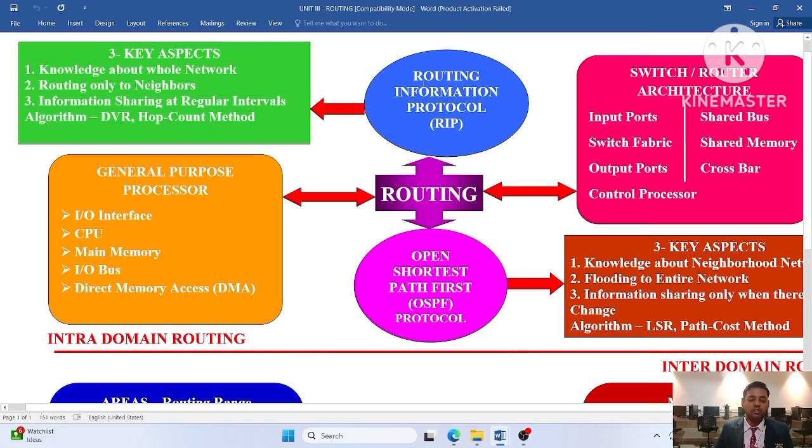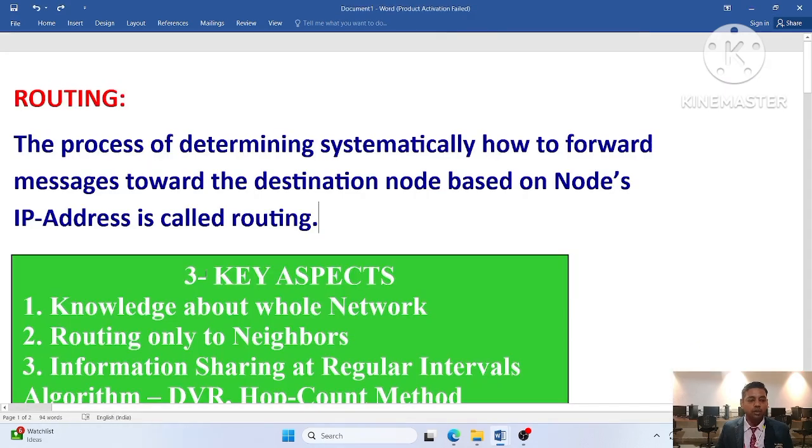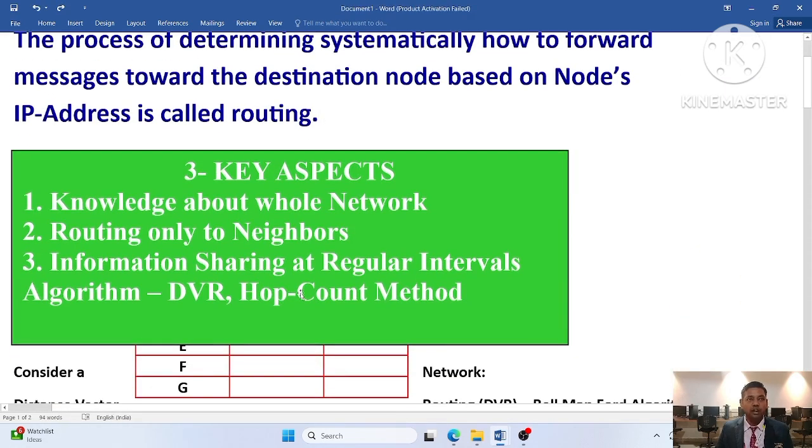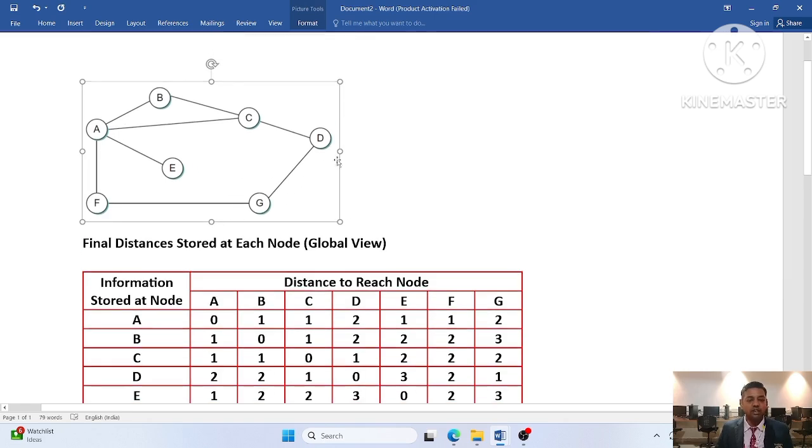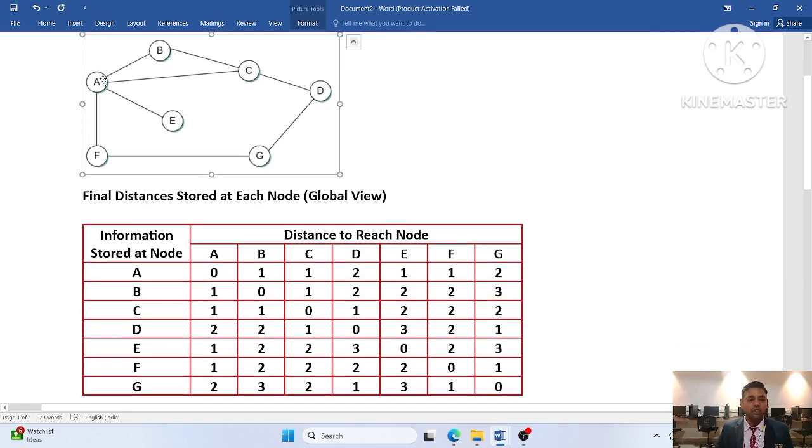RIP protocol is there and OSPF protocol is there, and the three key aspects of the routing information protocol. This you have to write, and you have to consider an example graph for this network. You have to initially construct the initial routing table for a specific router A, and the final routing table for router A, and also at the end we have to consider the initial distances stored at each node. Global view we have to construct, so initial distances and final distances. So with this, the tracing is over.